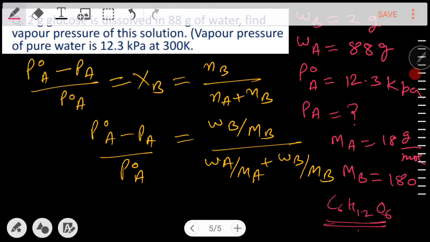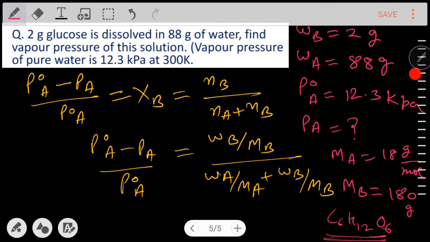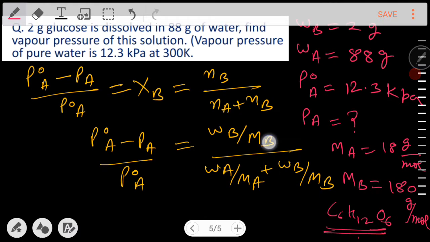If you find the molar mass for this C6H12O6, you will get 180 gram per mole. So everything is given. We have to determine the value of PA. Now put value of all things in this formula.